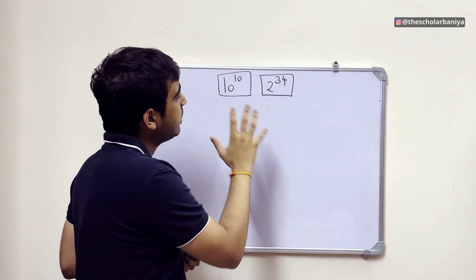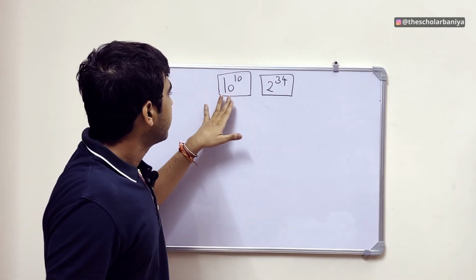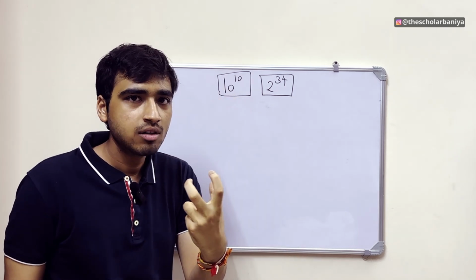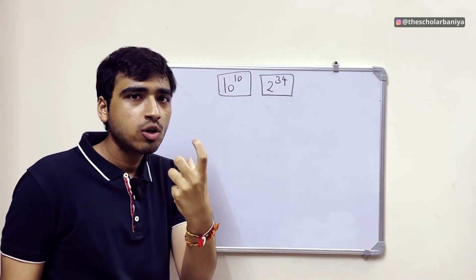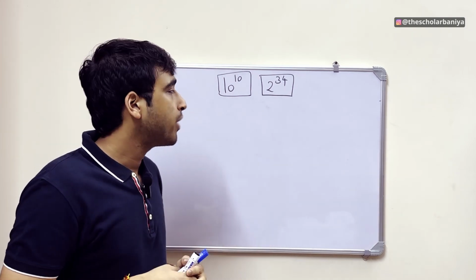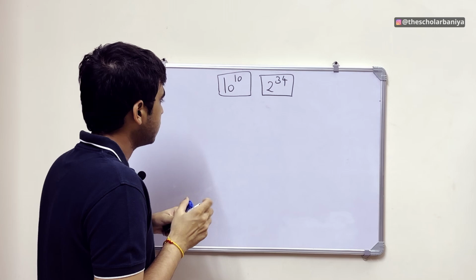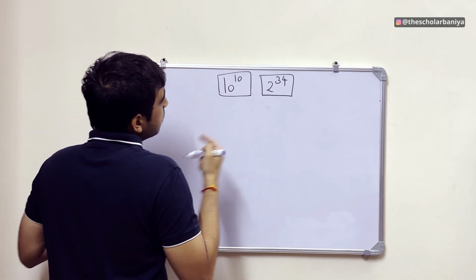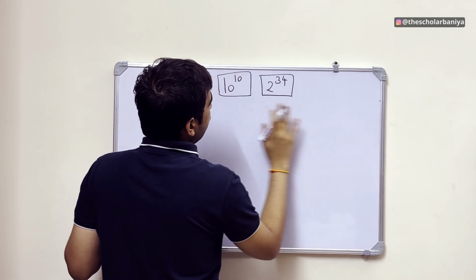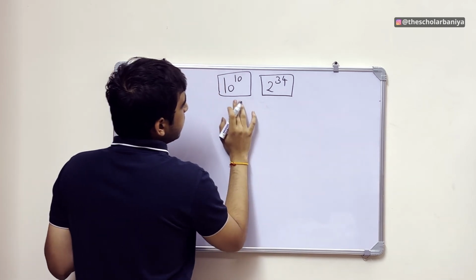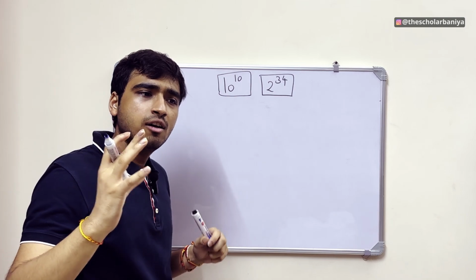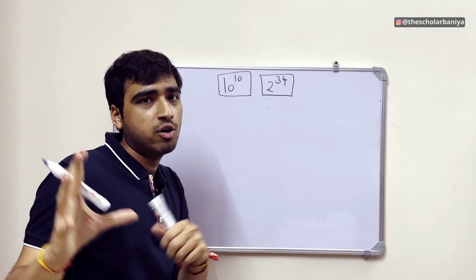So now what we'll be doing over here is that we'll be trying to break this down into a number such that both of the numbers are very close to each other or comparable. Now, what I mean by that is that, for instance, we talk about 10 to the power 10, right? So for 10 to the power 10, think of some power of 10 which is close to some power of 2.